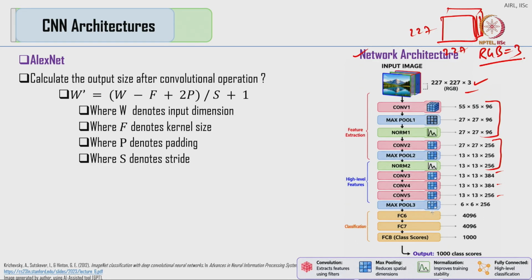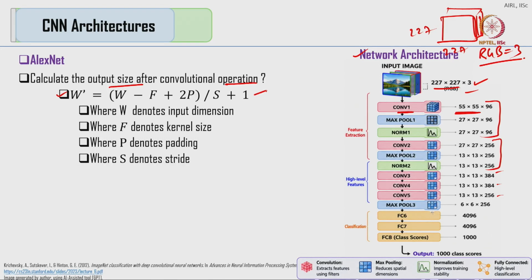Now let us calculate the output size after the convolution operation. We can see that once it has passed through convolutional layer 1, the resolution of the feature map changes from 227 cross 227 to 55 cross 55. We use this formula: W' is (W minus F plus 2P) divided by S, plus 1.